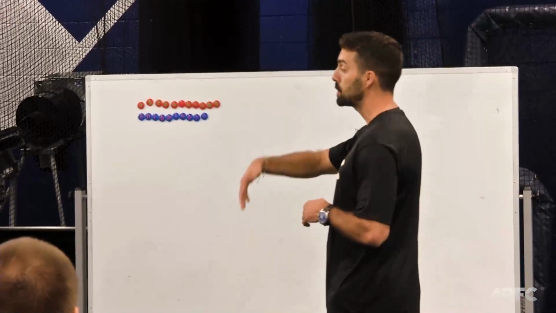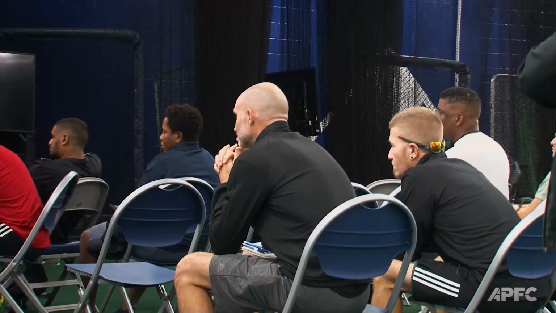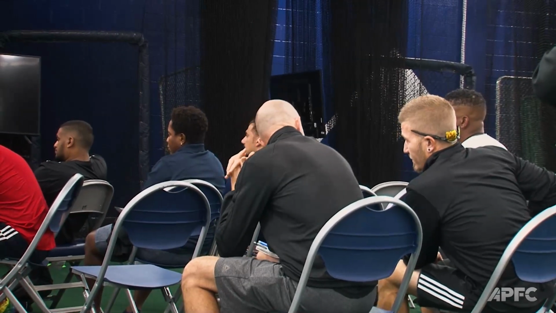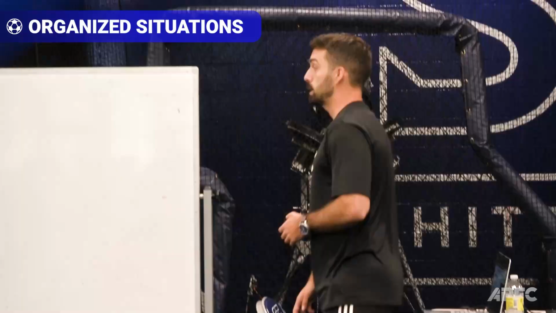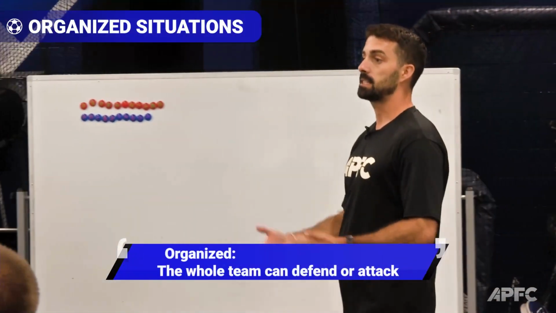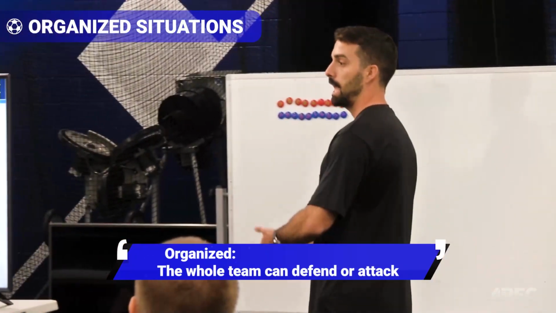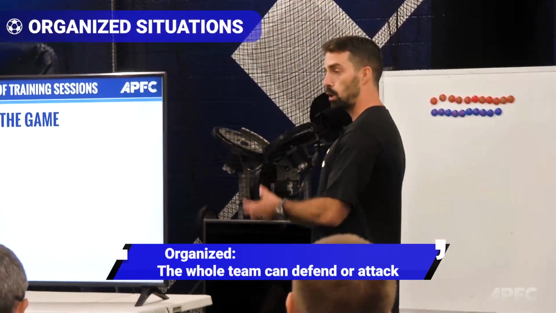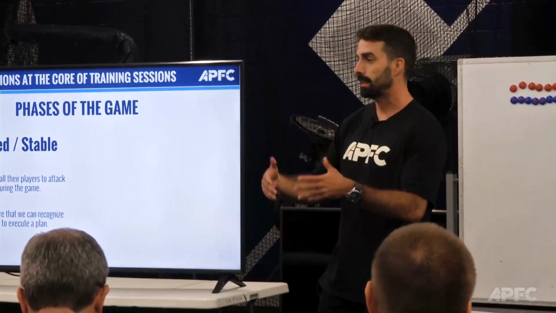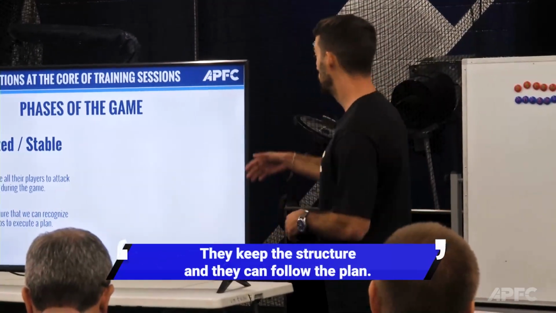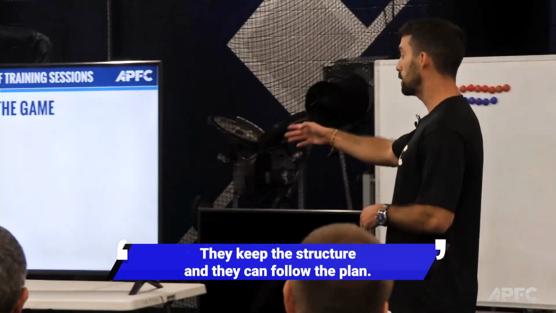The difference between organized and transition is that the organized, or stable, situation is when the whole team is able to defend, able to attack. We have the structure, we have control, and all of the players are settled on the field. Both teams can use all the players to attack or defend.